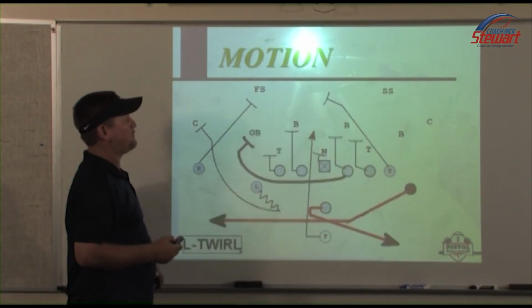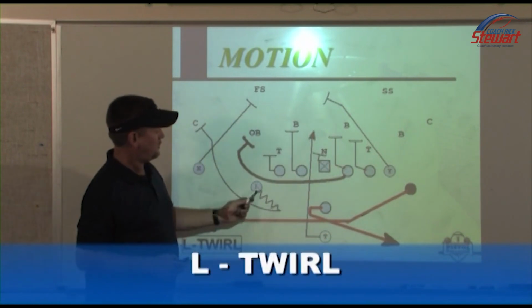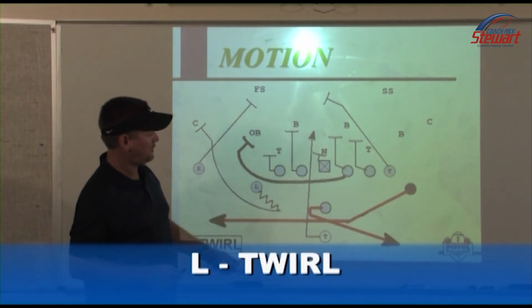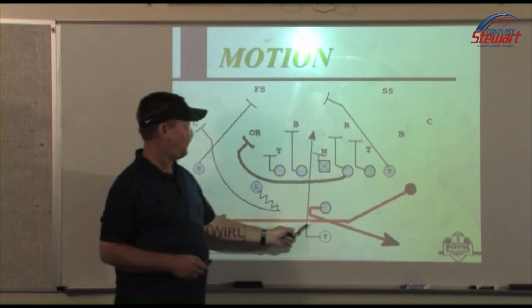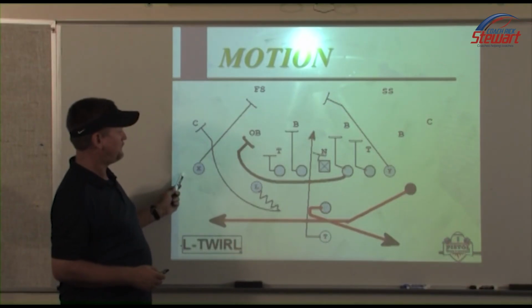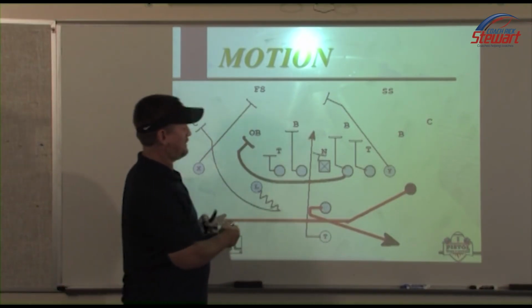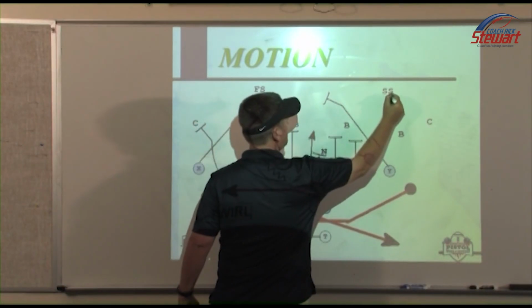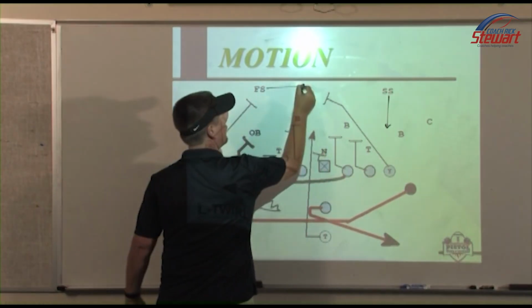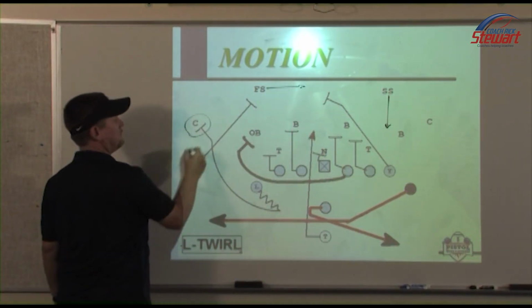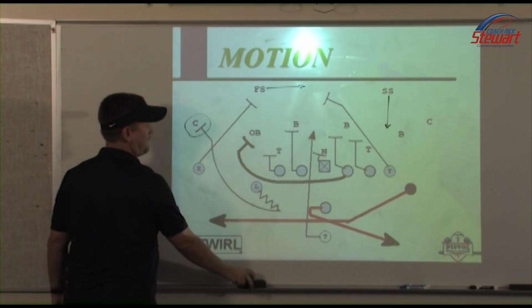So here's an example of an L twirl play. So L twirl, belly, 47G. Okay? So again, with this motion, they might have done this. And now it's on. Okay?